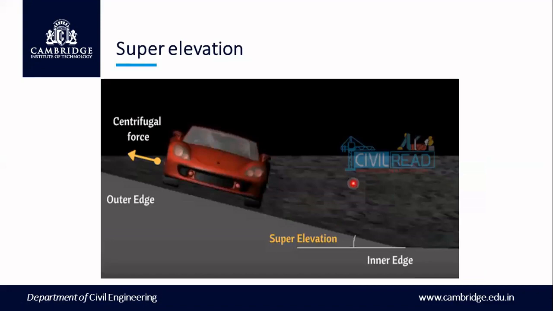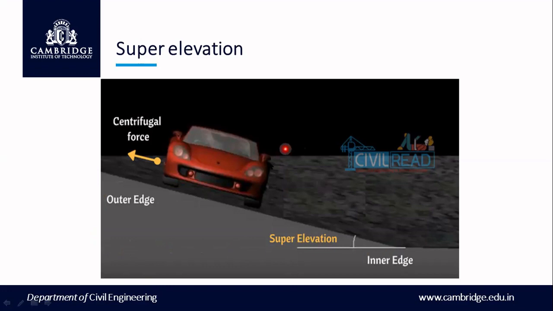Okay, so to be precise, let's check with this. When you're taking a curve, you feel that you're being thrown out due to the centrifugal force, which we have studied before. So to avoid that condition of feeling uneasy while traveling in the vehicle, while constructing the road, we are going to give a slightly higher outer edge. So what you see, this triangle, this is the inner edge.